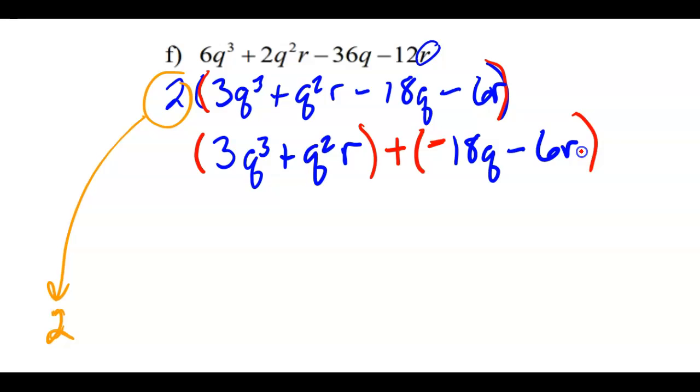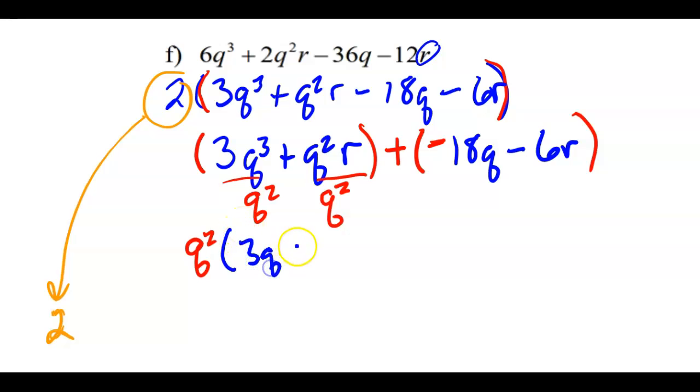All right, so now first value set. I don't have any common numbers, but I do have a q cubed and a q squared, so I'm going to be able to factor out a q squared. So q squared comes out. And then left inside my parentheses, once I've factored that out, 3q plus r. Factor out the next one, it's going to be negative.